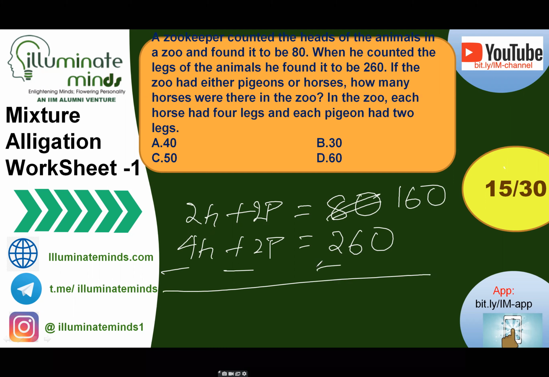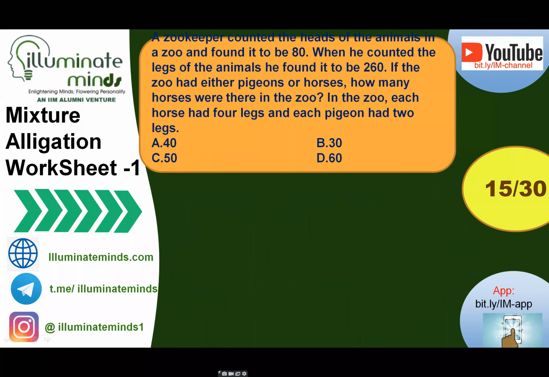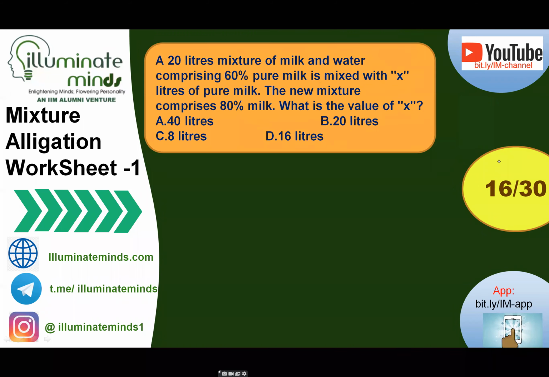You will get 2h is equal to 100. H is equal to 50. So H is equal to 50. P is equal to 30. How many horses are there? The answer is 50. Option C. So it seems to be pretty simple, guys. Is this okay, guys? Fine. So let's move to the next one.